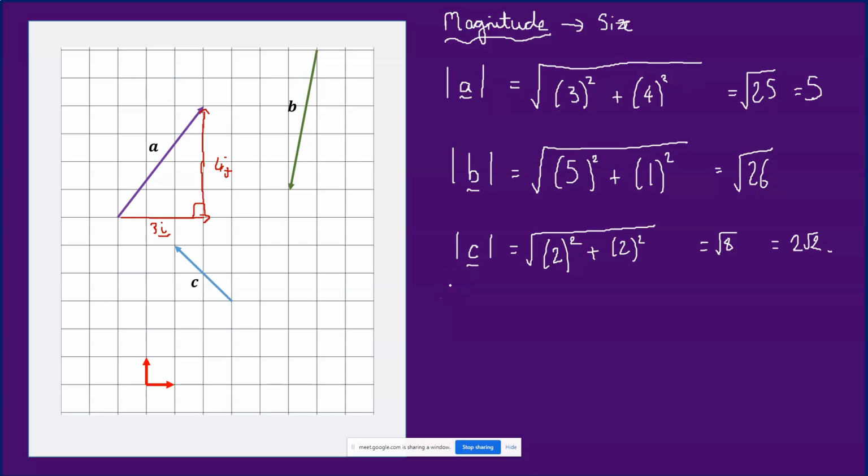Now what you might also be asked to do is to find the direction. Now if you're asked to find direction, it always will be relative to another point. So let me just show you what I mean.